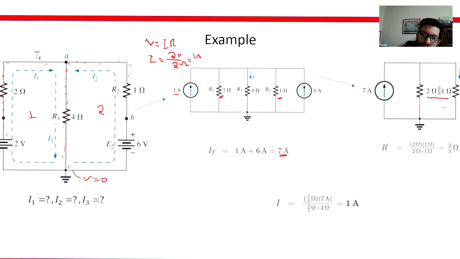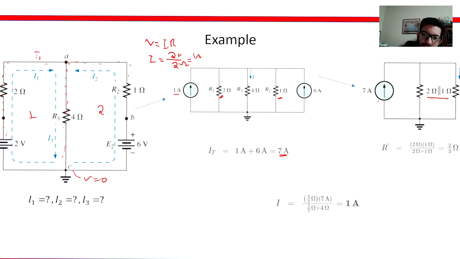Okay. So now we have two resistors in parallel. In that case, it's pretty simple because we already know how to use the current divider rule, and we can look at the formula. The total current is going to be the source, 7 amps, times the resistance parallel to the branch divided by the total resistance of the elements.